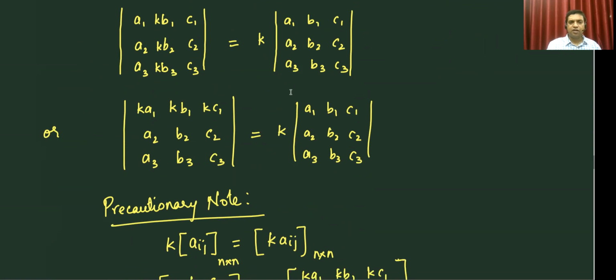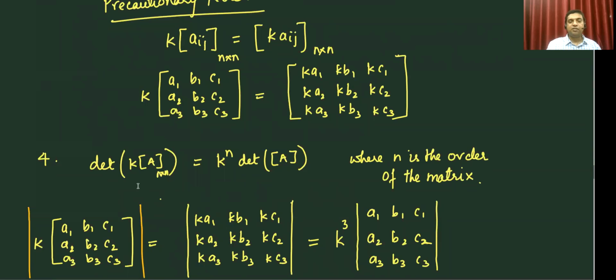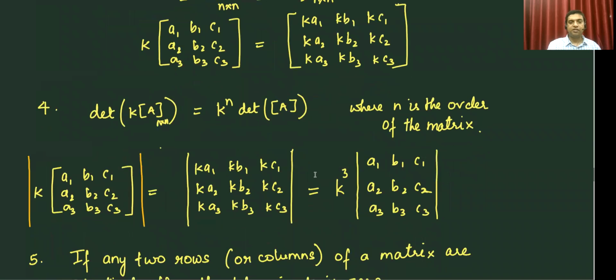It is not that, unlike matrices, k gets multiplied with all the elements of the matrix. So determinant of k times an nth order square matrix will be k power n times the determinant of that square matrix.